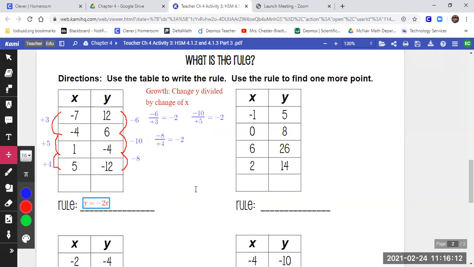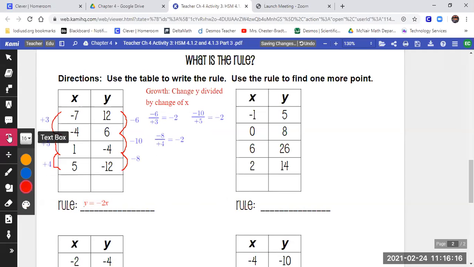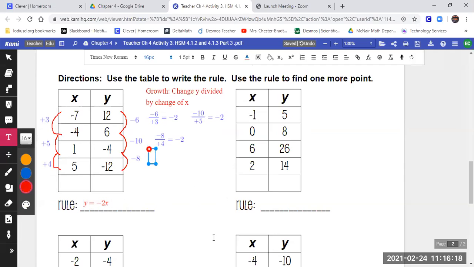Okay, now we need the start value. Where do we usually find the start value? That is with X equals 0, right?